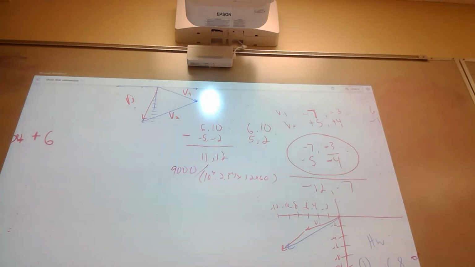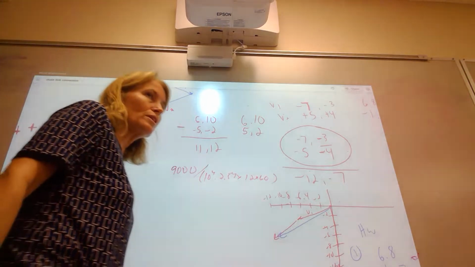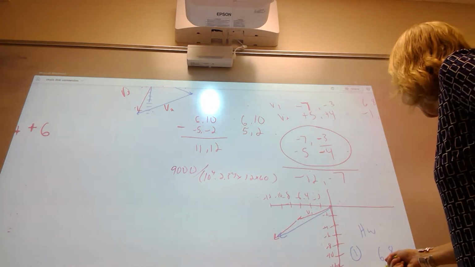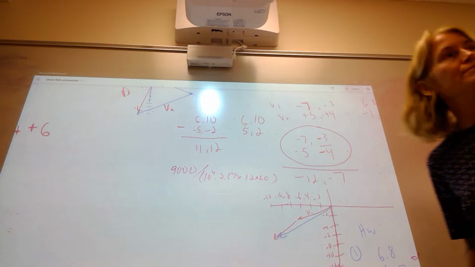So what you have in the end should look like 5, 1. When you connect the origin to what you have, it should look like 5, 1. You just went left 1, down 7.